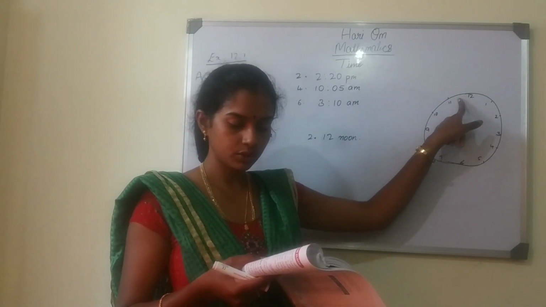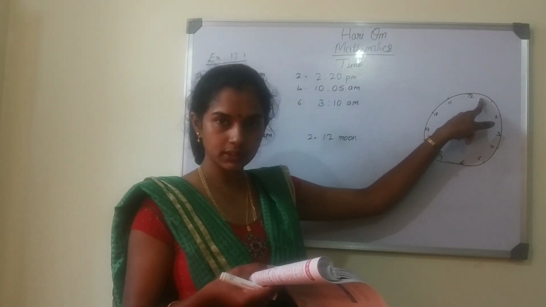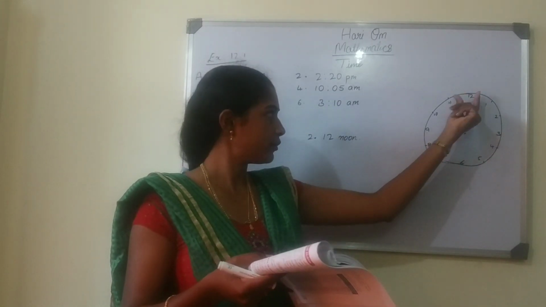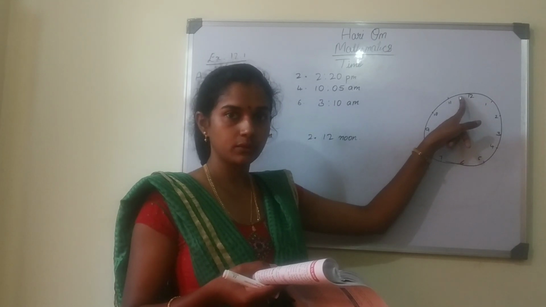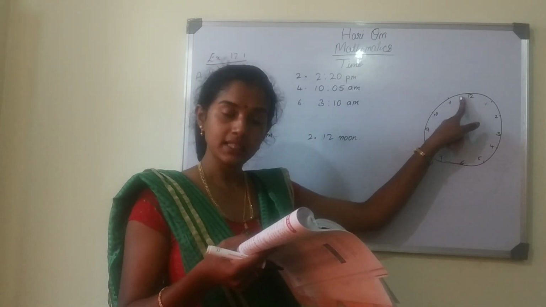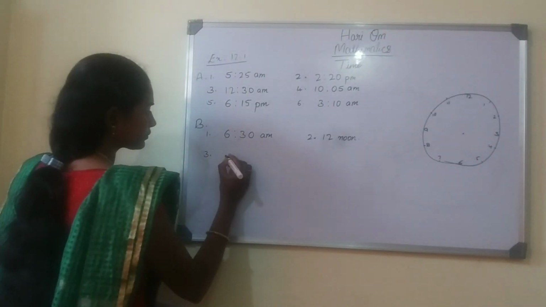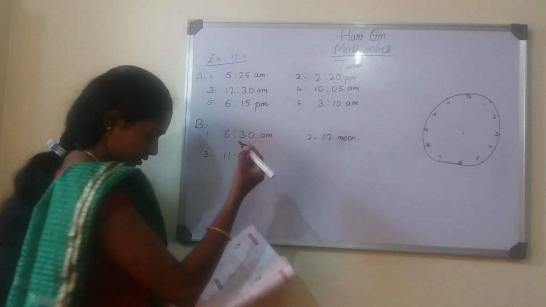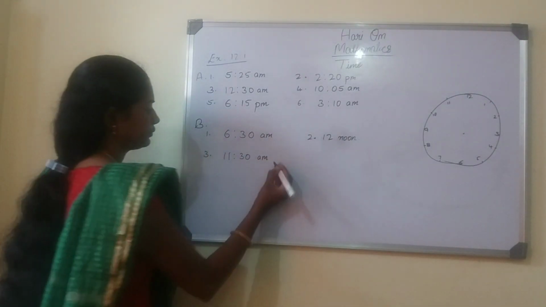Understood children? So still it is not noon, so it is AM. The third one is 11 o'clock 30 minutes AM.